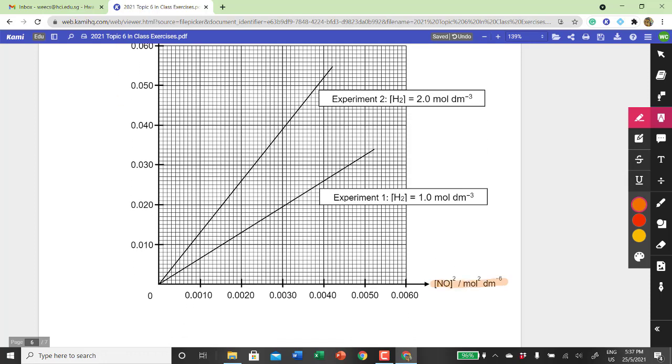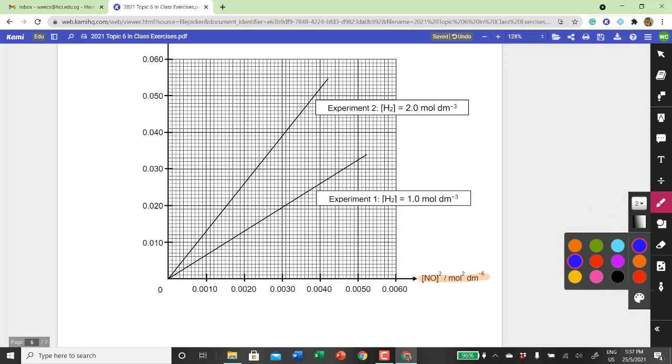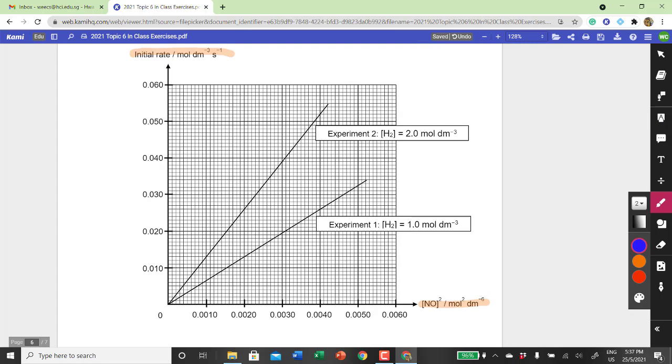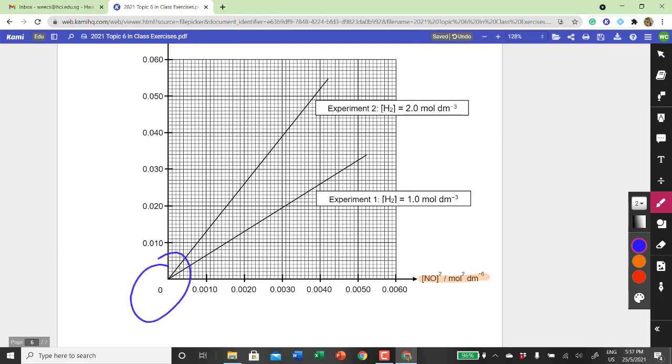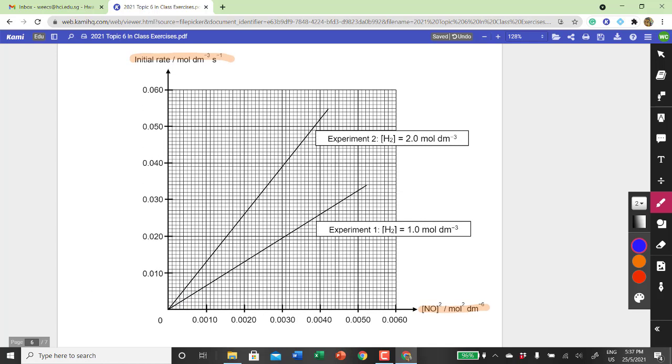If you recall from the lecture notes, if you are plotting rate against concentration squared and you get a straight line that passes through the origin, this is very clearly second order kinetics. So the initial rate is directly proportional to concentration squared.